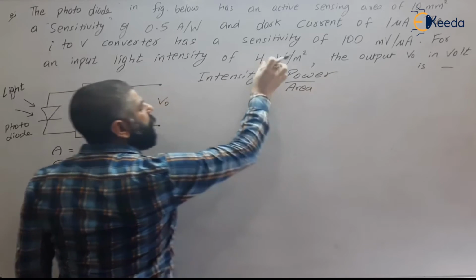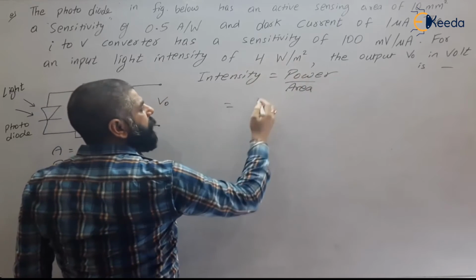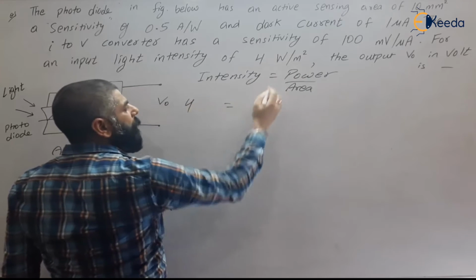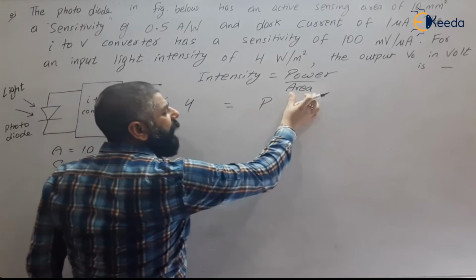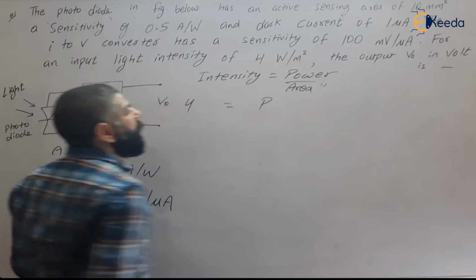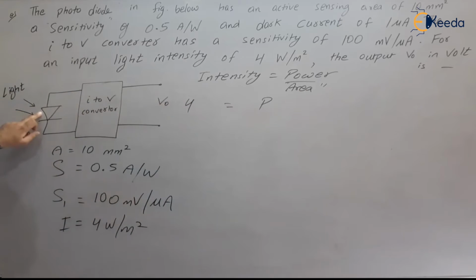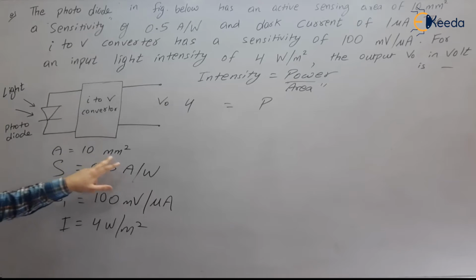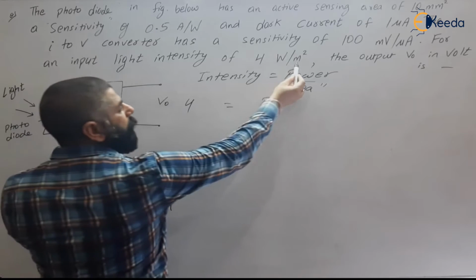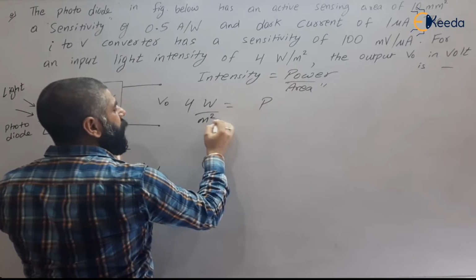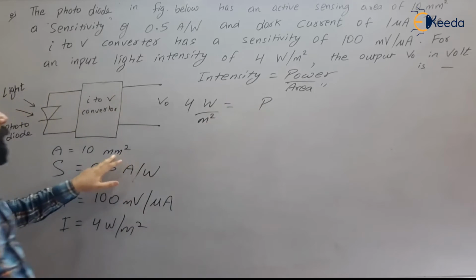So the power is divided by the area, that is the active area of the photodiode. The active area is given as 10 millimeter square, but the unit is watt per meter square, so we want meter square, not millimeter square.